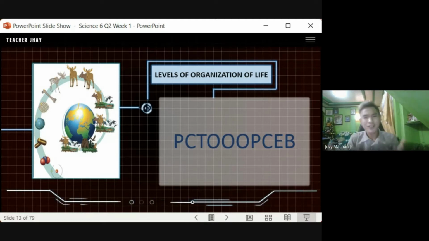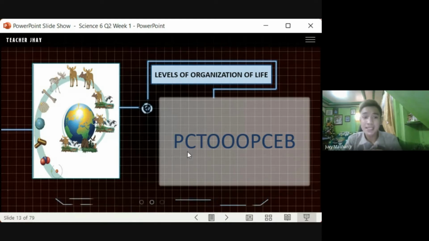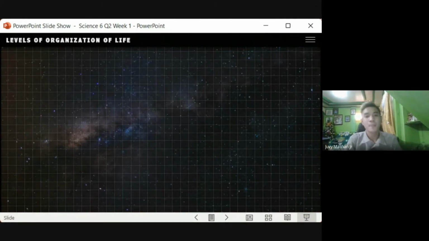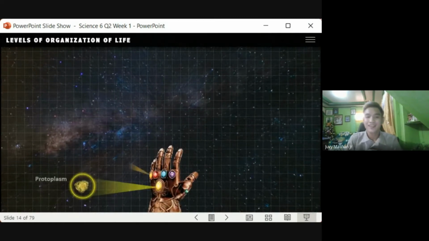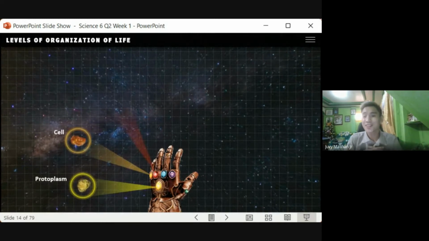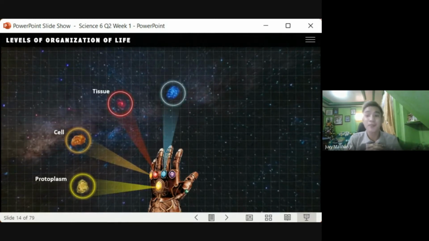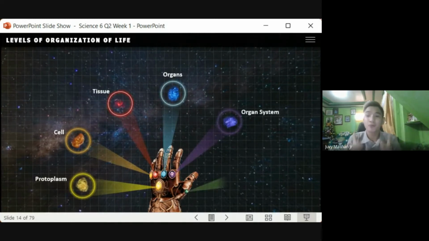So there are different levels of organization of life. And this is represented by the acronym PCTOOOPCEB. What does this mean? This simply means that life begins with a protoplasm.